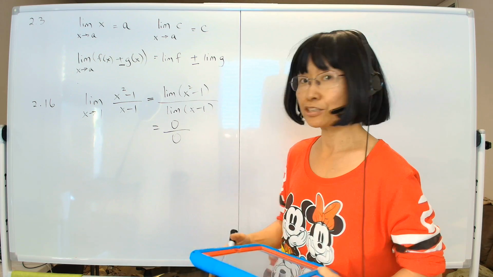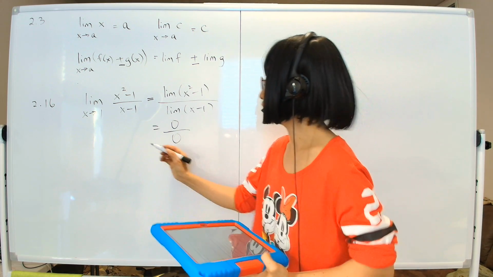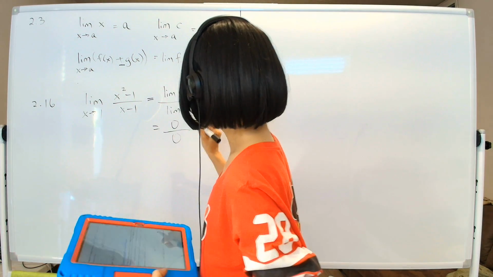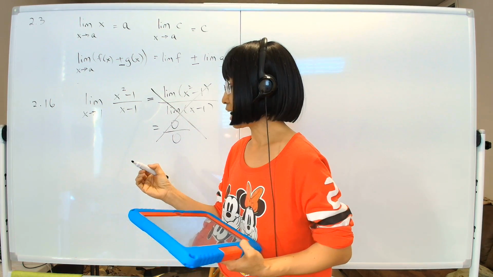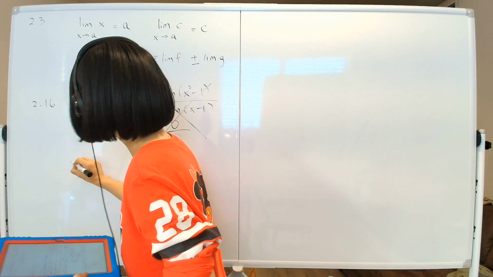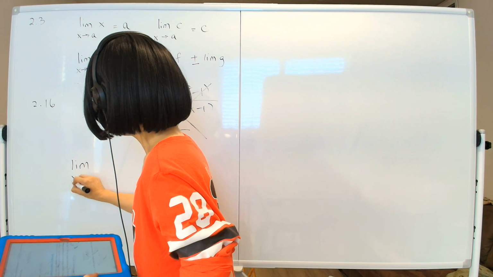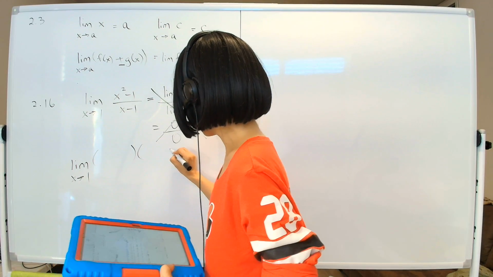In this case, the trick is called factoring and canceling. So here's what you do. You factor this thing. So instead of doing this, which is wrong, what you do is, as x approaches 1, you factor this thing and then cancel something out.